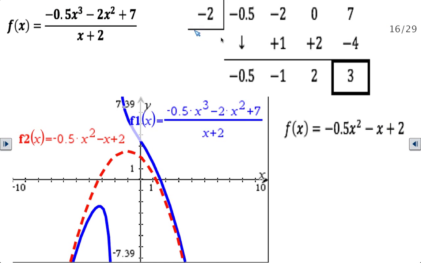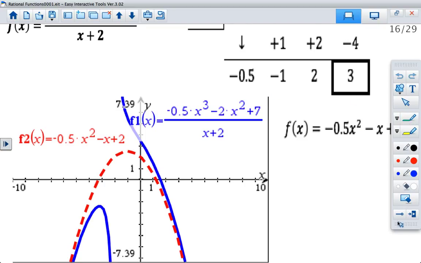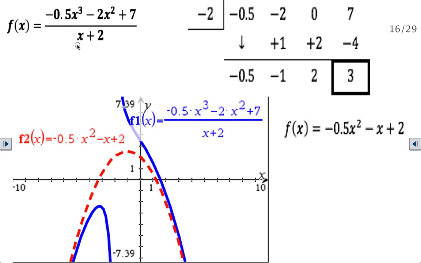I did the same process here, but with synthetic division. One thing you should note is that, let me change it to pencil. In my denominator, I have x plus 2, but in my synthetic division, I used a -2 here.